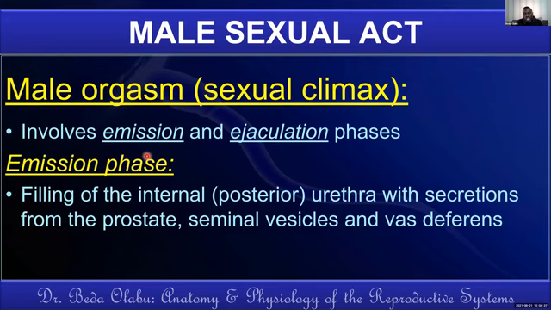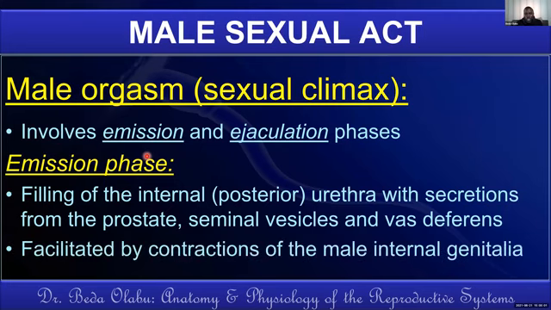Usually the prostate has its ducts that open directly into the prostatic urethra. We saw that the duct of the seminal vesicle joins with the vas deferens to form the ejaculatory duct, which also opens into the prostatic urethra. So the secretions from those sites basically fill the prostatic urethra under this sympathetic stimulation.